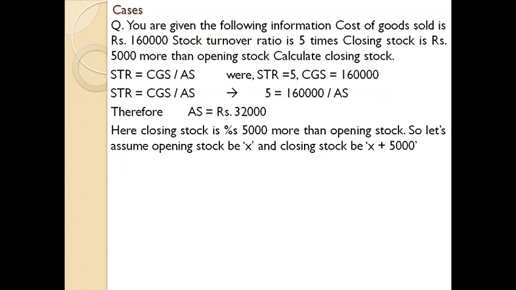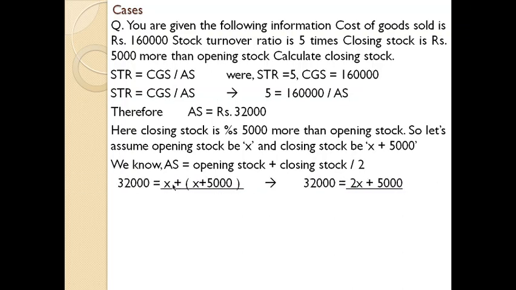And we know the equation of average stock, which we built in the previous session: average stock is opening stock plus closing stock divided by 2. We know average stock is 32,000, opening stock is X and closing stock is X plus 5,000. We can substitute the same in the equation. You will get 32,000 equals X plus X plus 5,000, whole divided by 2.